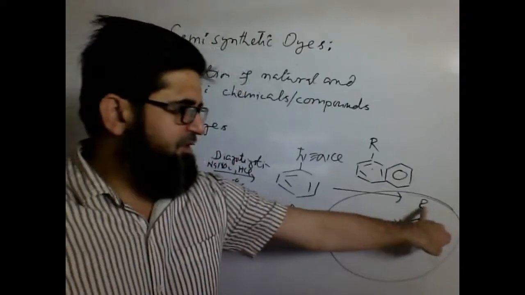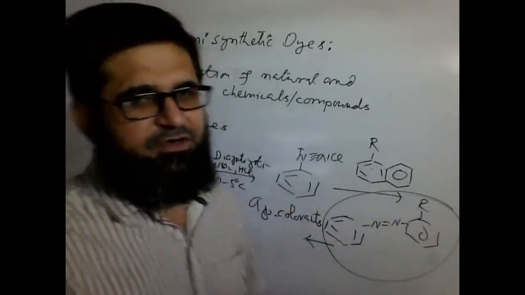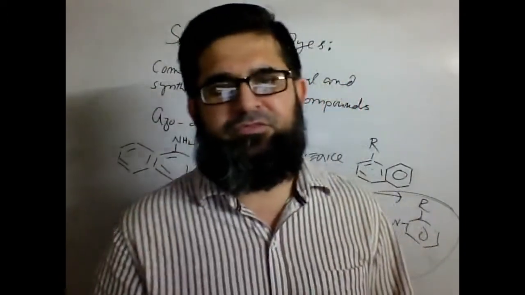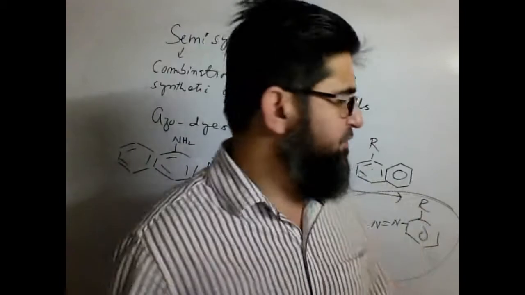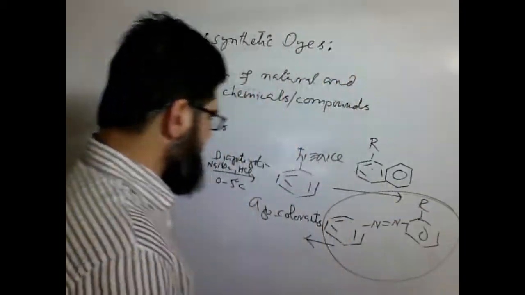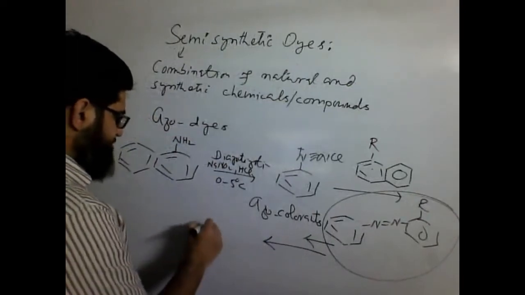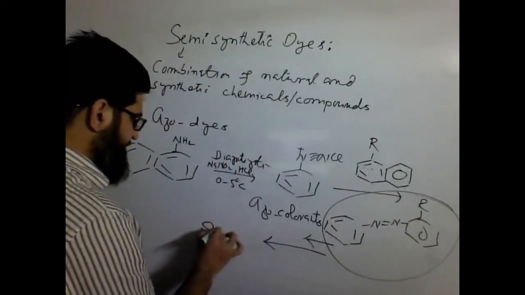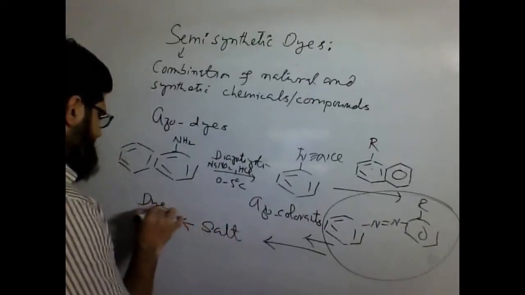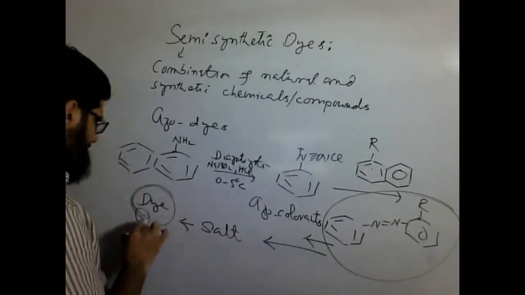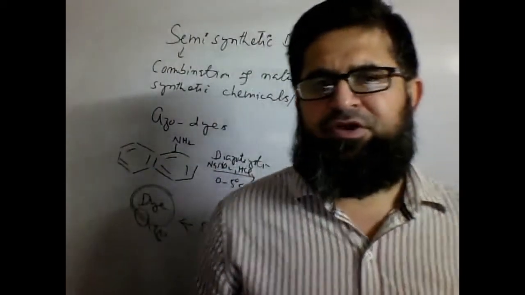Let's say if you have a substituent over here, if that's a hydroxyl group, you can convert that into the corresponding salt, or if you have an amine over here, then you can generate corresponding salts. Once it is converted into a salt, that will become a dye, an azo dye, in fact. So this is a brief intro.